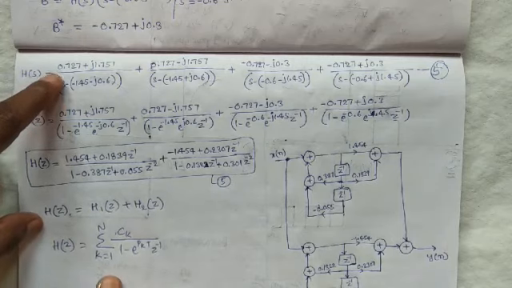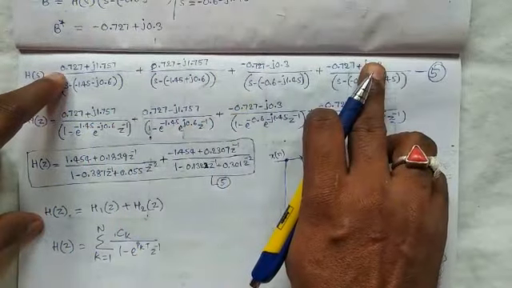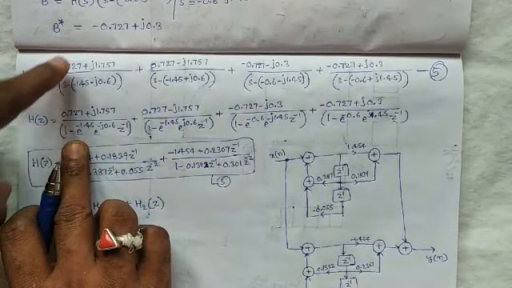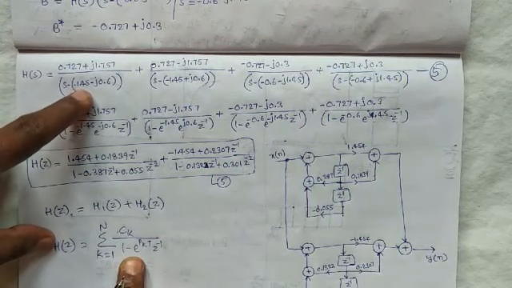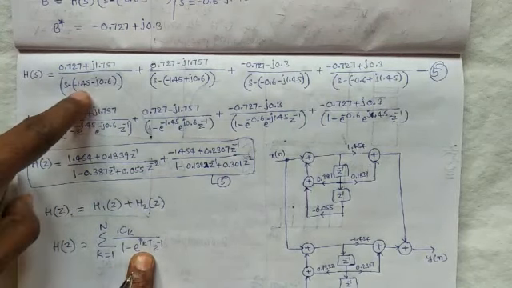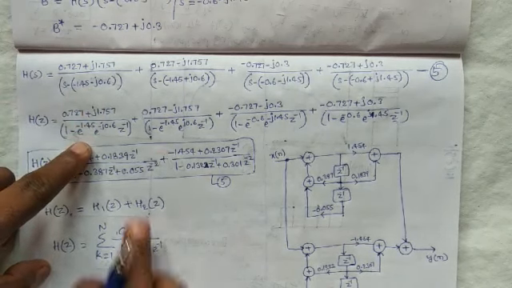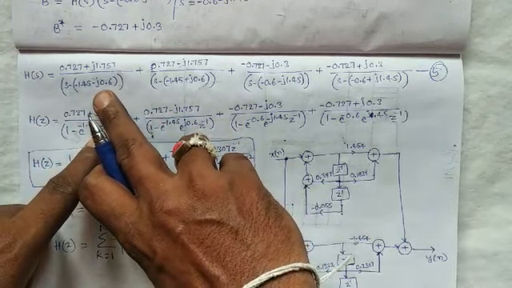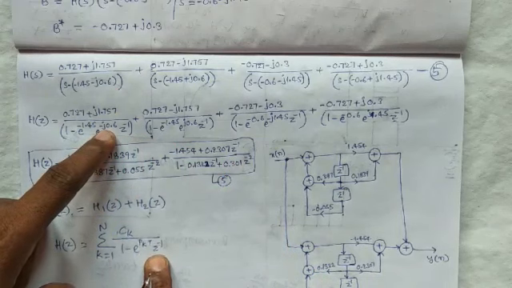Here the same conjugates. H of z is equal to this one by 1 minus e power p1. The p1 value is this one, which means e power p1 is e power minus 1.45 into e power minus j0.6 into z power minus 1. Here the T value is 1.